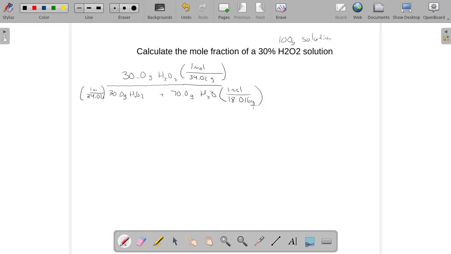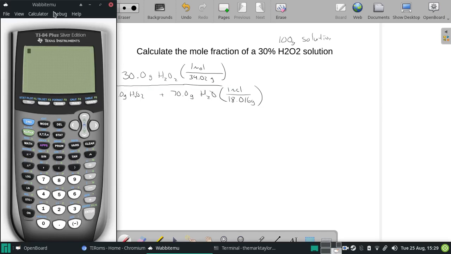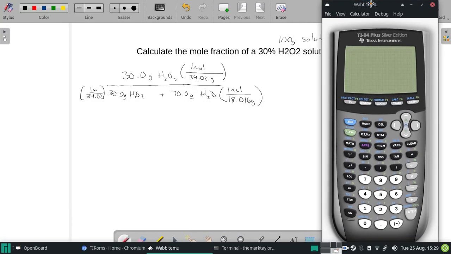All right, now the trick that throws everybody off is how we're going to put this into the calculator. So I'm going to take advantage of parentheses to do this. Move this calculator over here. So we're going to do the top first, 30 divided by 34.02.